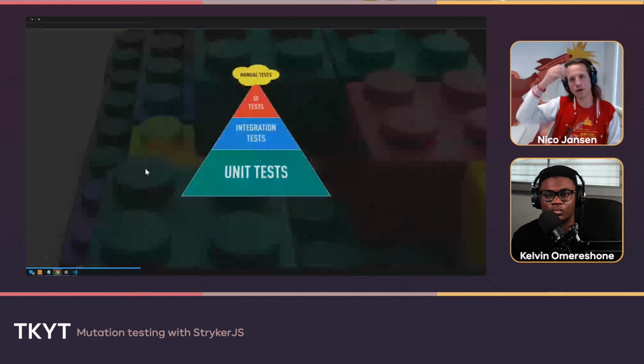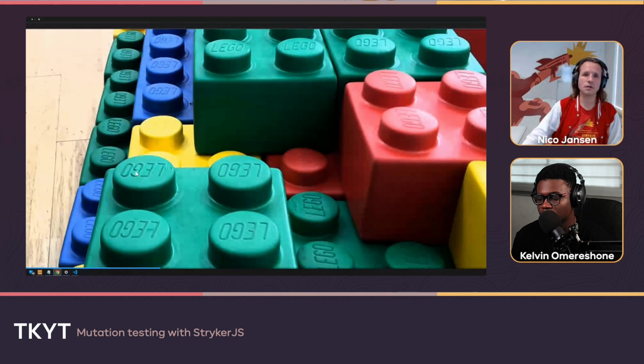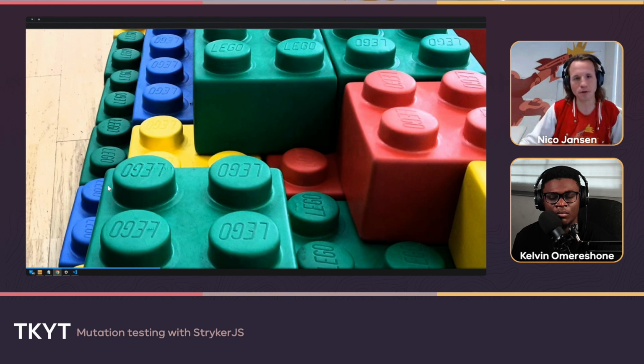If you compare it to Legos, you can think of a unit test as a test that just tests the color of a Lego brick, or that the space between the studs is actually 3.5 millimeters, for example. Integration tests are when you put two blocks together.